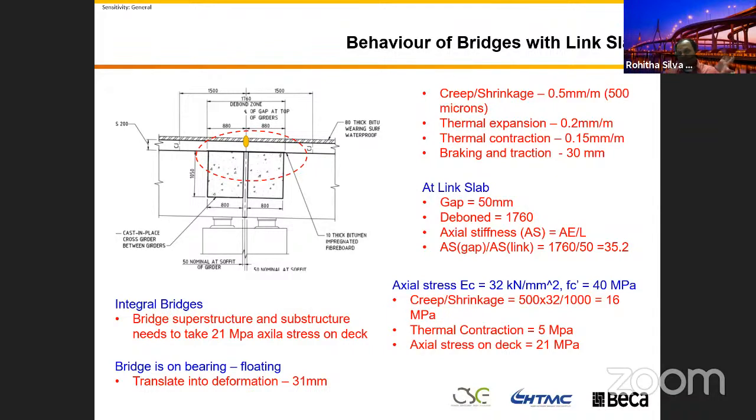So when you creep and shrink the bridge, that axial force will push the bridge across, and at this joint location, it will crack. Yeah, it can't tolerate that. It will crack. That's the reason we debonded the deck over the cross beam, and then you cast your deck.